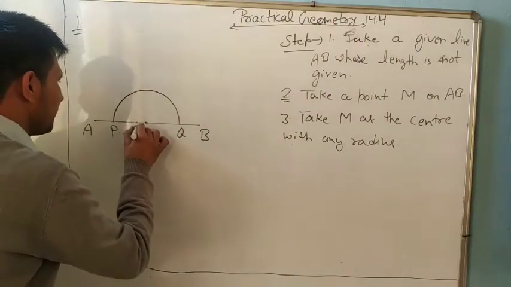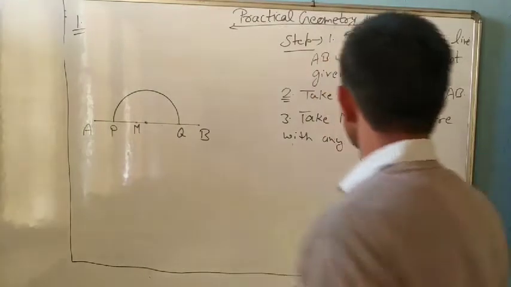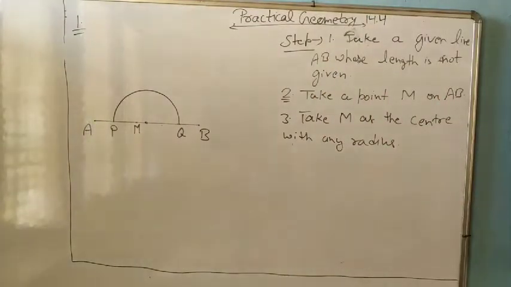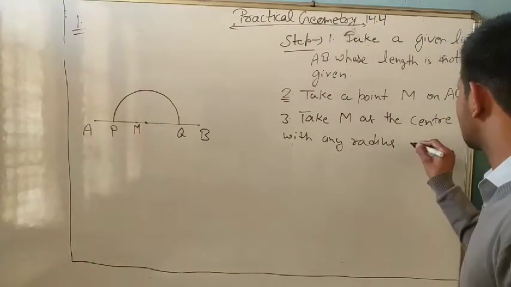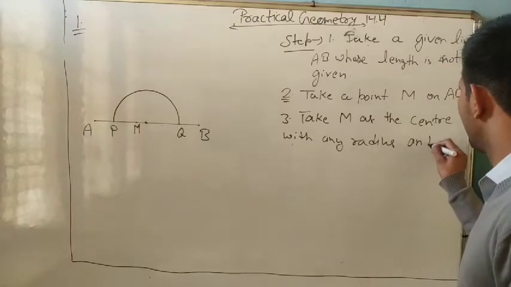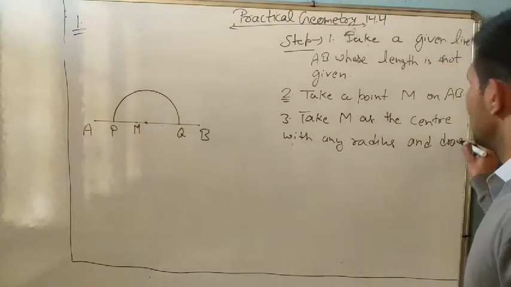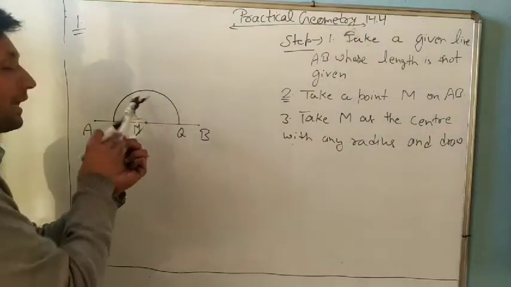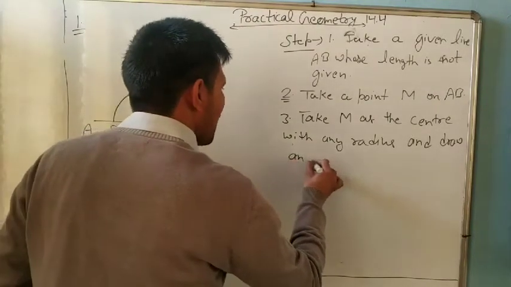Suppose it is point M. To write: take M as a center with any radius, put the pointer here and draw an arc.